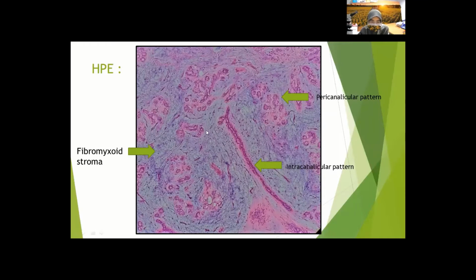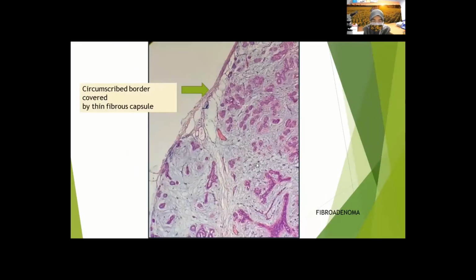The stroma is fibromyxoid, with the epithelial element proliferating in a pericanalicular as well as intracanalicular pattern. The other view shows the lesion is well circumscribed, covered by a thin fibrous capsule. So the HPE diagnosis is fibroadenoma.